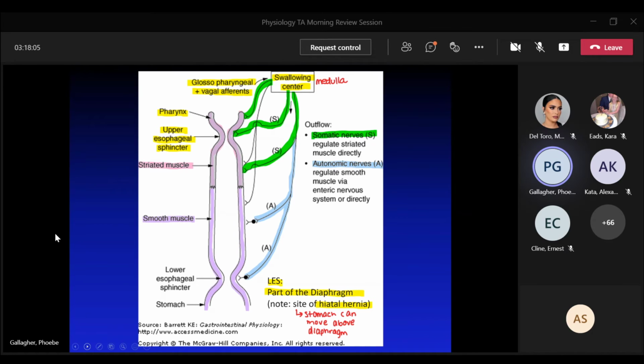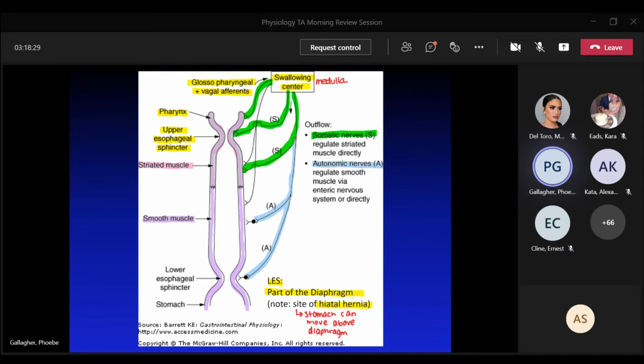Okay, so this is just showing you the same kind of concept here. It's a little bit more detailed. I wouldn't really worry too much about all of the detail in here, just generalize everything. So this is your pharynx, this is your upper esophageal sphincter. This is all under voluntary control because you have to think to swallow your food.